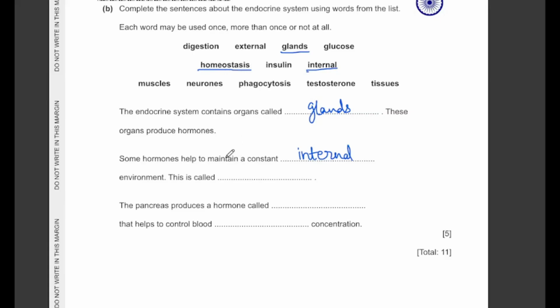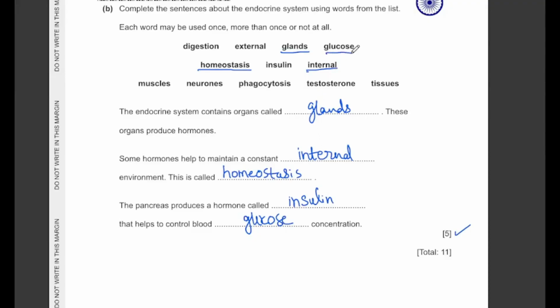Do you remember the chapter? Coordination and homeostasis is the topic. So this is homeostasis. The pancreas produces a hormone called insulin, which controls the sugar, that helps to control blood glucose concentration, and that's how you get your complete 5 marks.